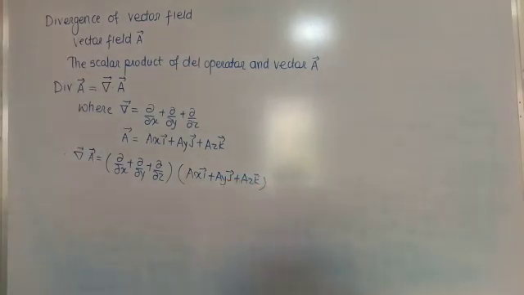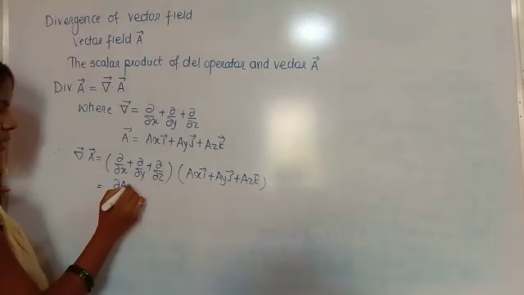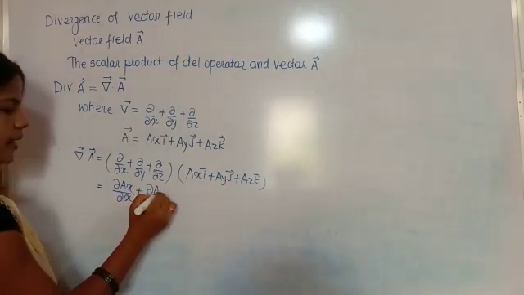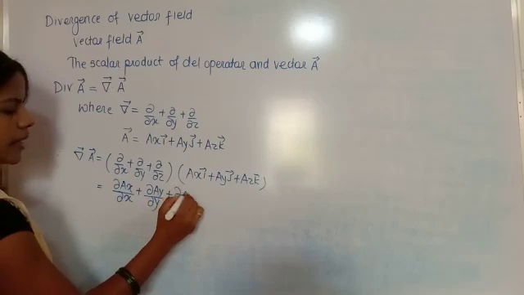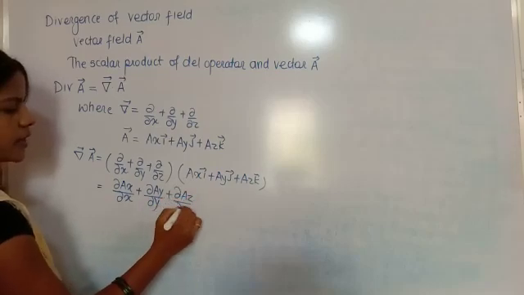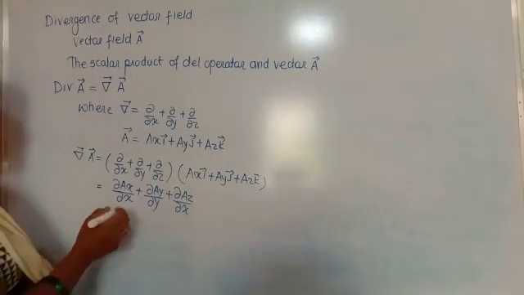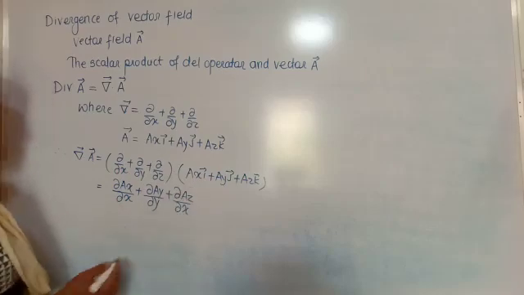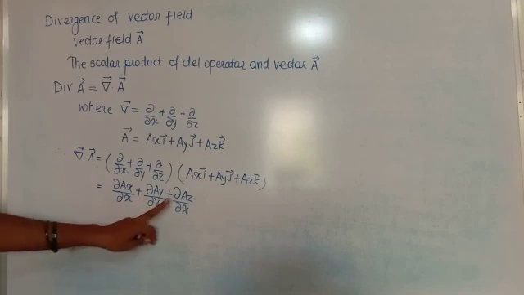By multiplying and solving these two brackets, since i into i, j into j, k into k give one and the cross terms vanish, we get only three terms, that is del Ax by del x plus del Ay by del y plus del Az by del z.